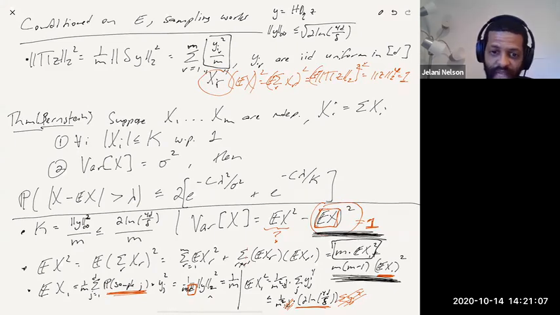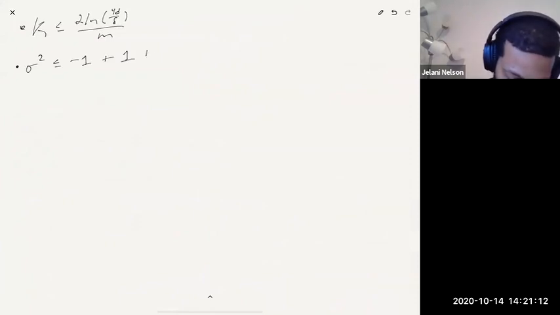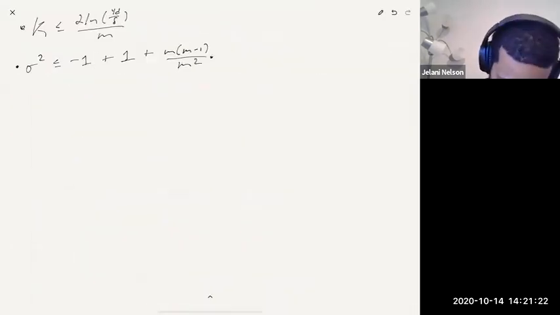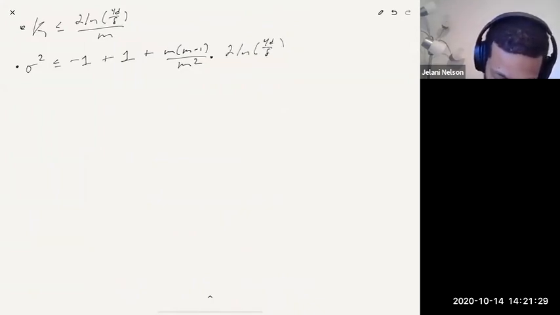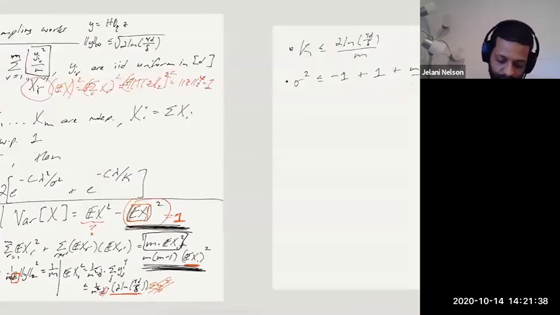So let's just plug all that stuff in. So there's basically a +1 plus m times m minus 1 times 1 over m, and actually that should be 1 over m squared, times 2 ln 4d over delta.